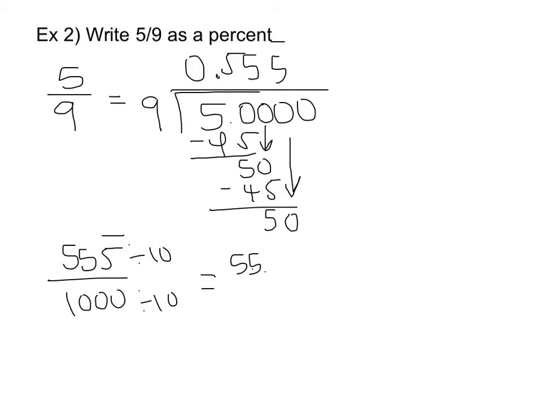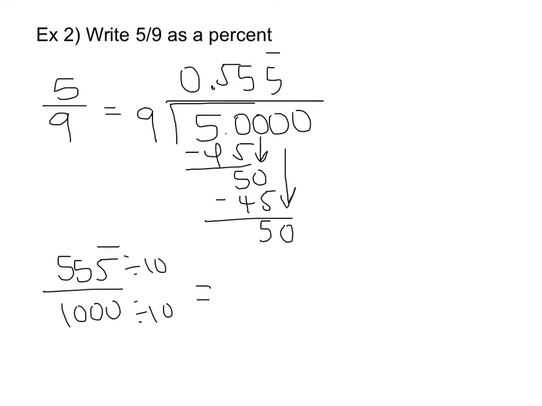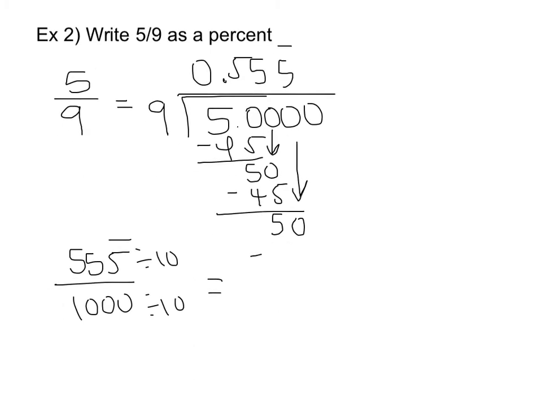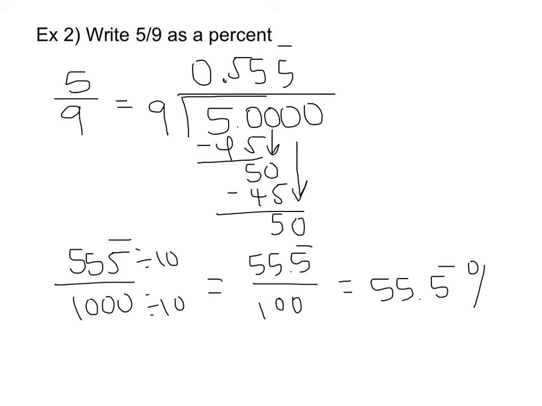Looks like that's a decimal. Let me erase that real fast here. 55.5 out of 100, or 55.5 repeating percent.